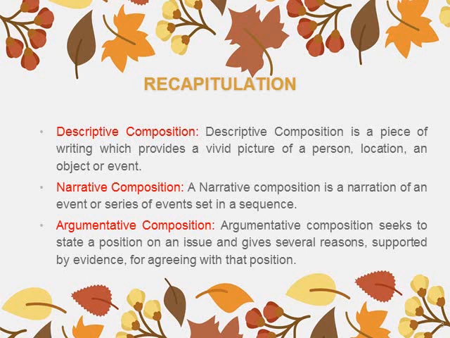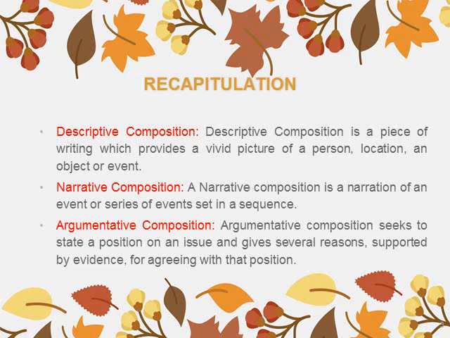Second is narrative composition, which is a narration of an event or series of events set in a sequence. A narrative composition uses a chronological order in which the events have happened.